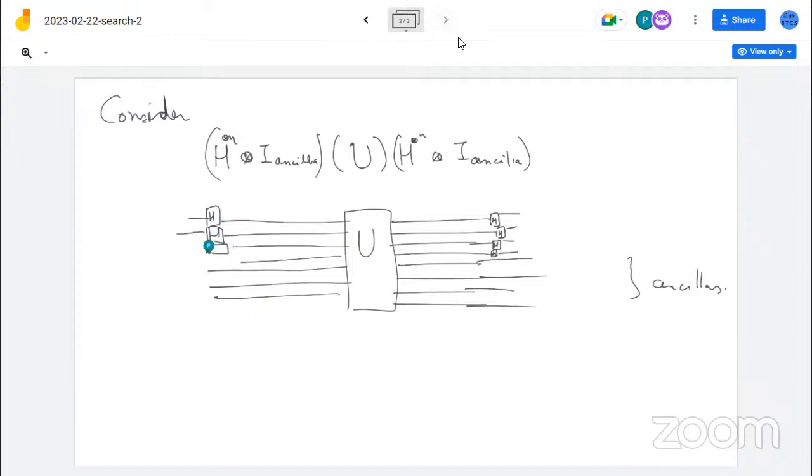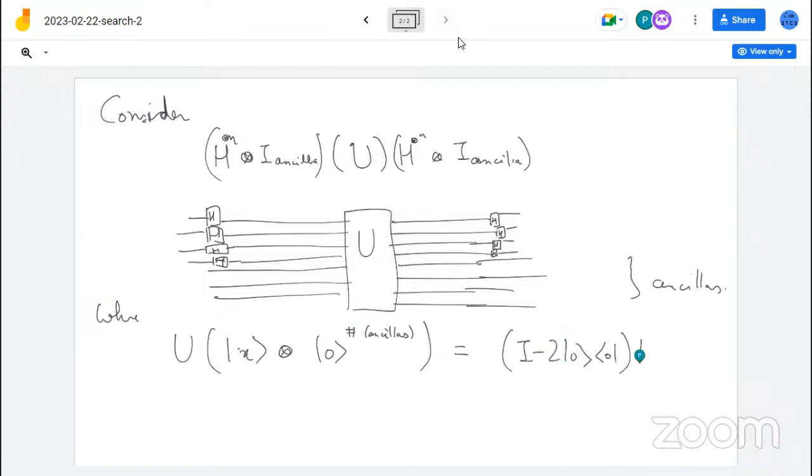U acts on x tensor 0 to the number of ancillas, and is equal to I minus 2 0 0 tensor 0 to the number of ancillas.